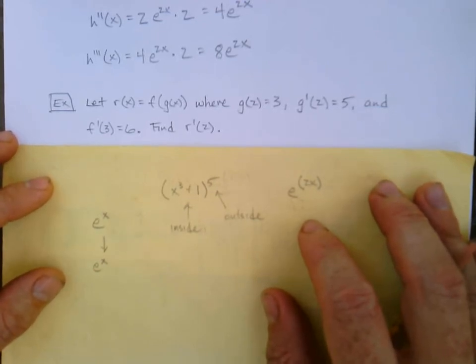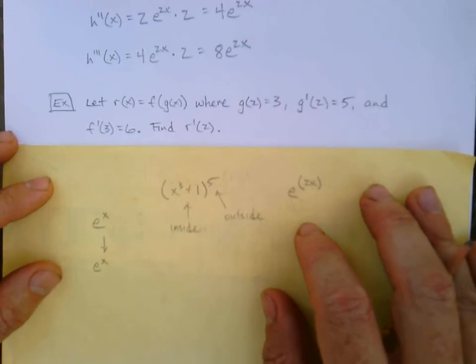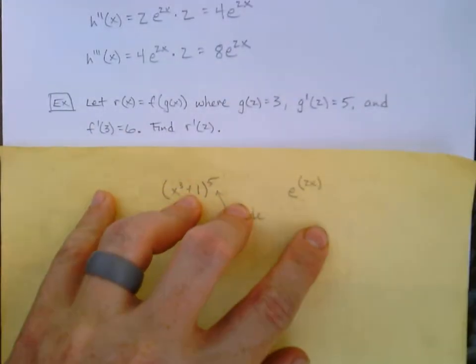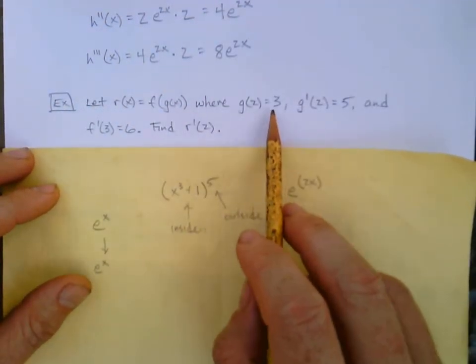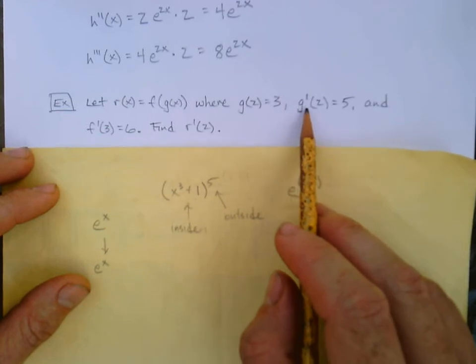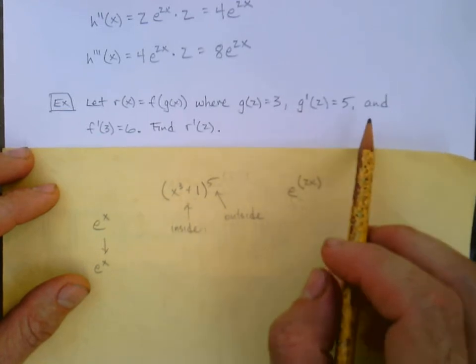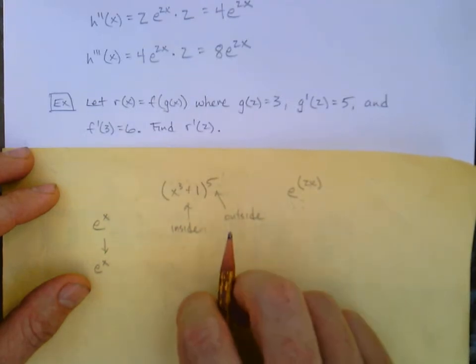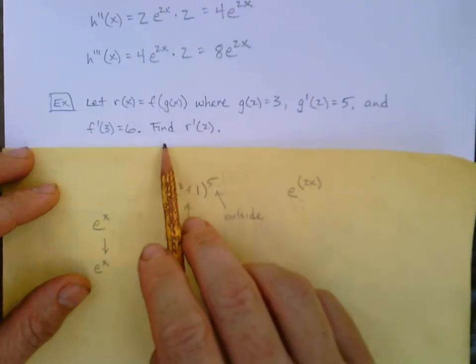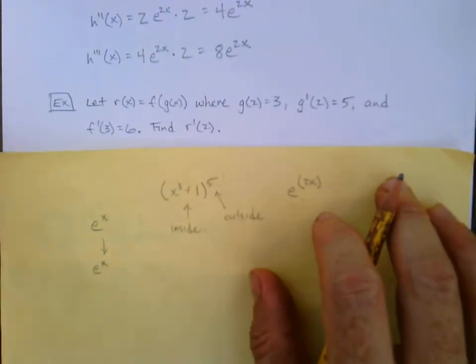It says let r of x equal f of g of x, the composite function, where g of 2 equals 3, g prime of 2 equals 5, and f prime of 3 equals 6. Find r prime of 2.